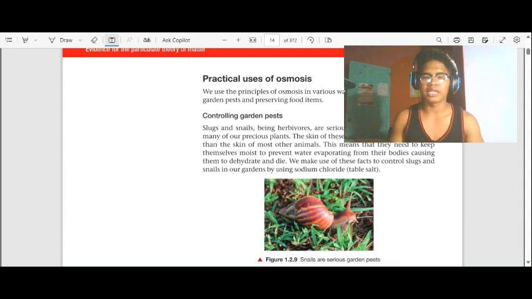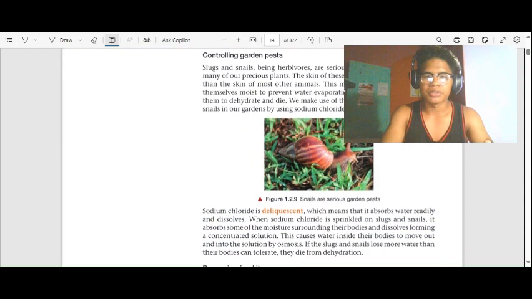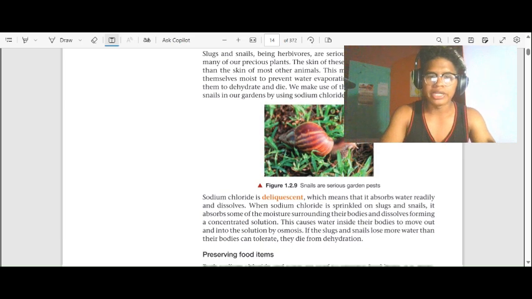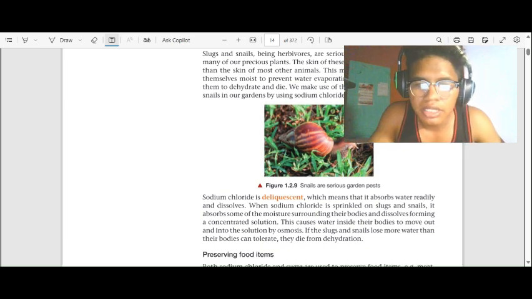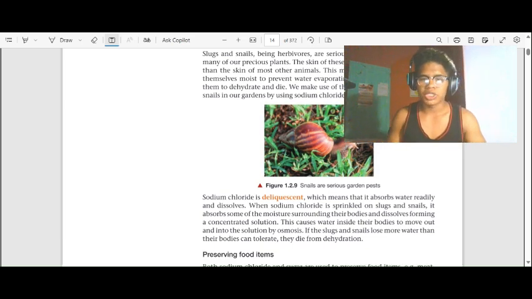aka table salt. A good example of this is that within the Caribbean, we have a very traditional practice wherein if we see anything like a frog, we throw table salt on it, and we get rid of it. Sodium chloride is deliquescent, which means that it absorbs water rapidly and dissolves.